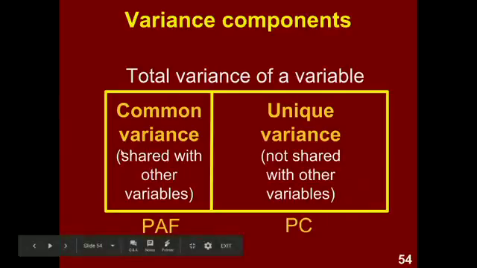Some of that variance is shared with the other variables, so that's the part that overlaps with other variables. If you were doing PAF, that's the only part of the variance that's analysed, just what it has in common with other variables. If you do PC, then it'll analyse both that common variance and the variance that's unique just to that individual item.